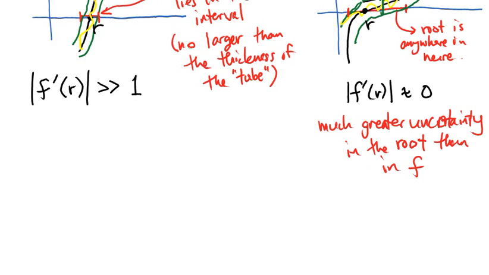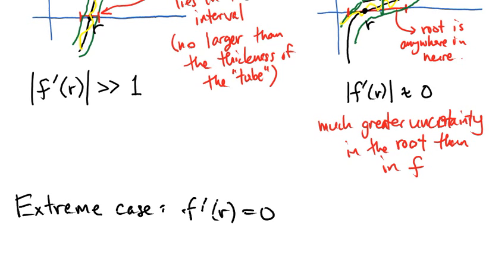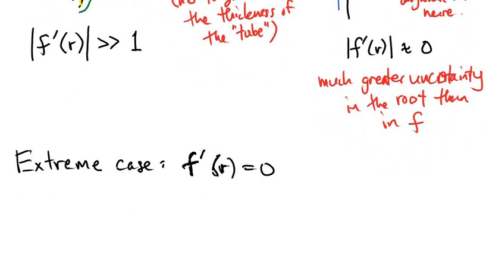Also, let's think about the extreme case of f prime of r equaling 0. Well, in that case we say r is a double root, or at least a double root.